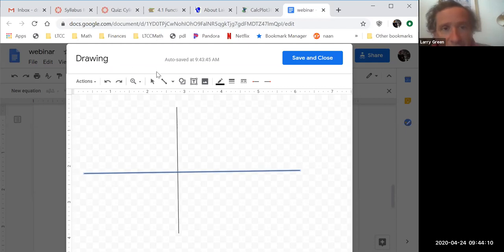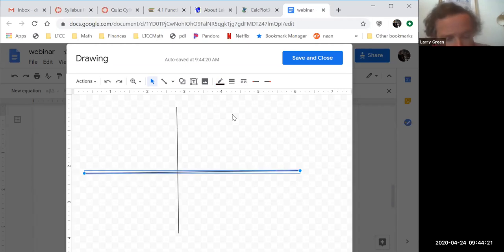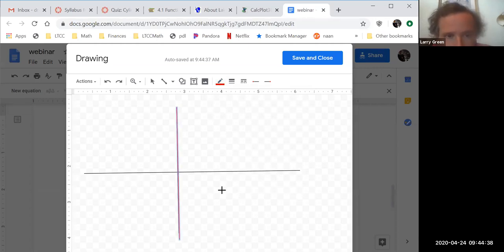So the first thing is I can draw. I'm not going to draw everything, but I'm going to draw some. Let's make it colorful. So the first thing is we had x equals 0. Any questions on that?